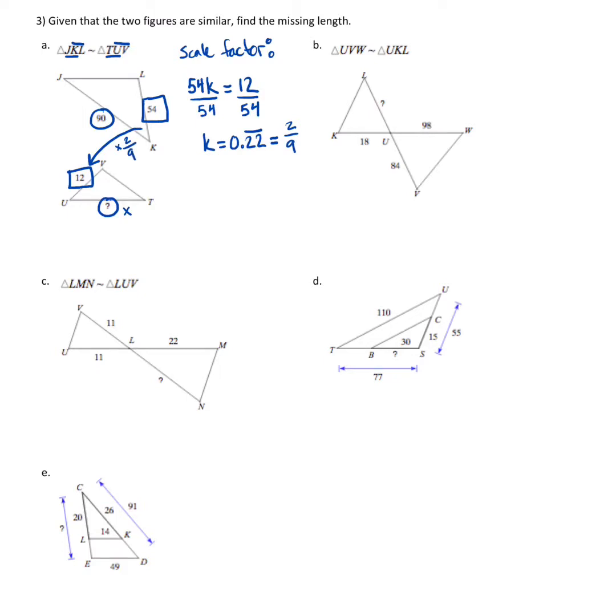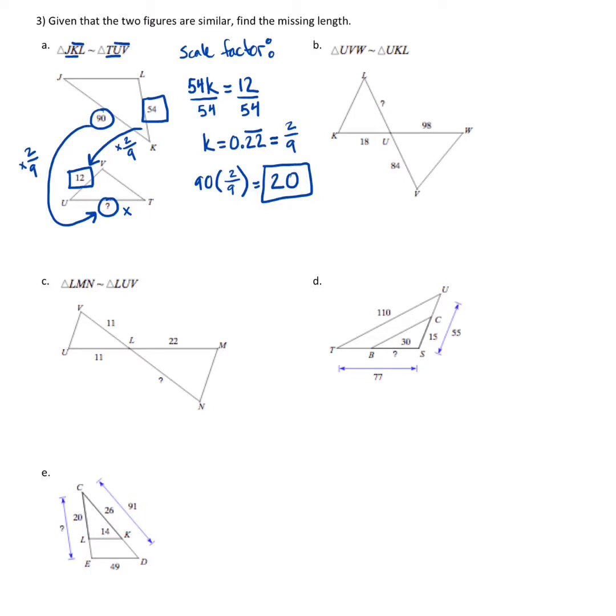To find x, I'm going to do the same thing: take 90 and multiply it by 2/9. And you get 20. So that's the scale factor method of finding what I multiplied this side by to get to the next one.